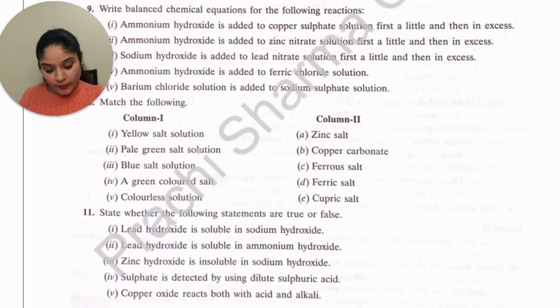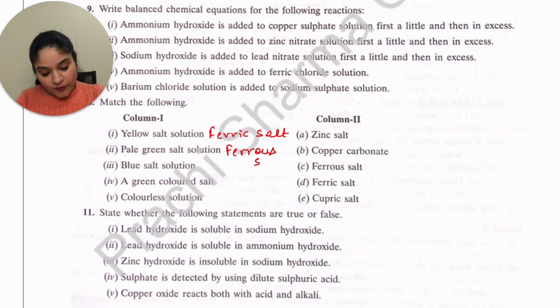Match the following. Yellow salt solution. So yellow is ferric salt. Then pale green salt solution is ferrous salt. Sometimes when you have such colors given, you don't even need the options, you would directly know the answer.